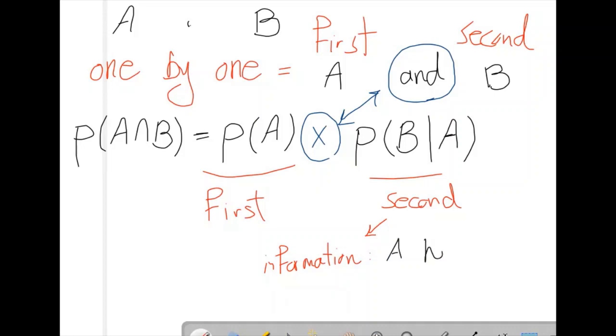A has occurred. So when we are going to use a multiplication rule, when the events happen one by one, the probability of A and B both occurring is the probability of A occurring multiplied by probability of B occurring, given that A has occurred previously. It means A has occurred before B.